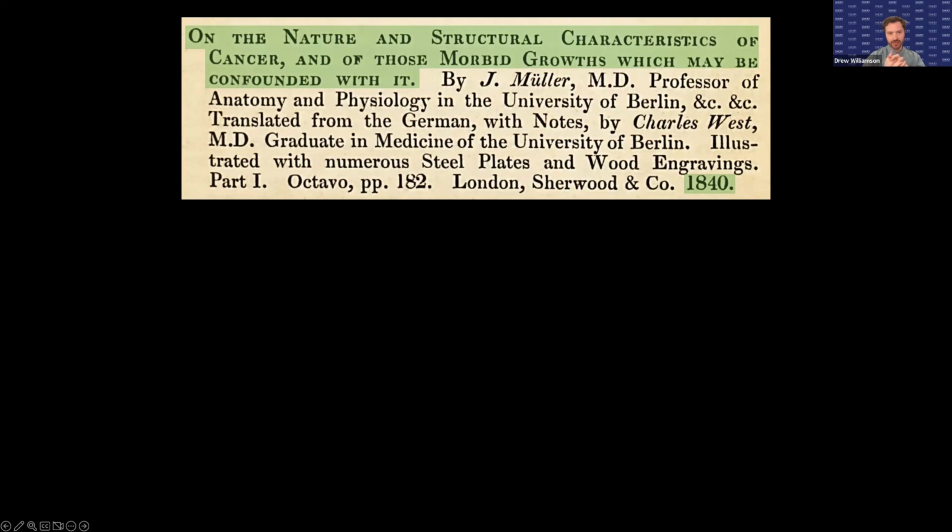version of cancer. And so you have these different, at this time, terms that describe cancer only from this macroscopic level. Dr. Müller was the first person to put this under the microscope and describe what he saw under there. This predates H&E, the stain that is kind of the workhorse for pathology nowadays.